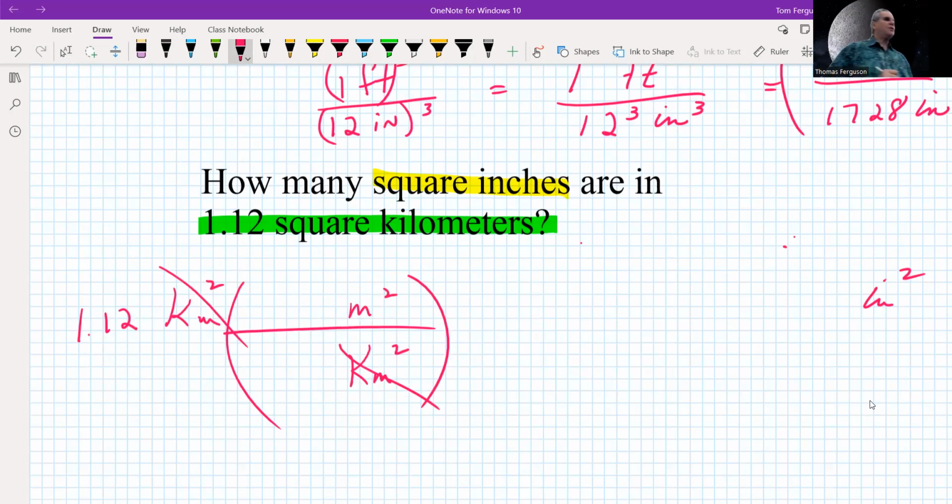So how many square meters are in a square kilometer? Well, first of all, how many meters are in 1 kilometer? 1,000. Well, because it's a square kilometer, we have to square it. Okay, now we have square meters. Now we have to go to inches.